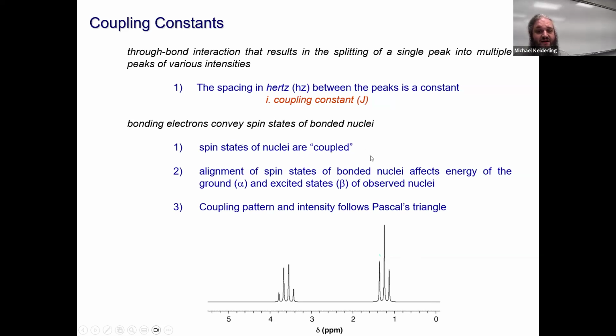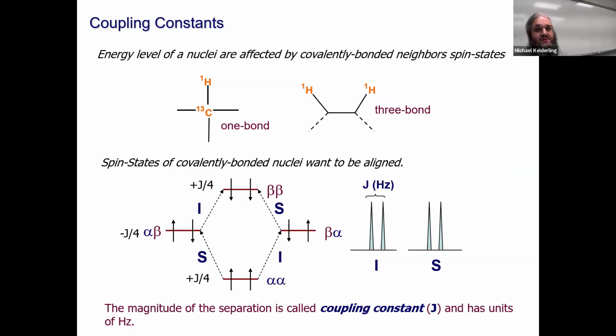Spin states of nuclei are coupled if they're near each other, and the alignment of spin states of bonded nuclei affects the energy and excited states of observed nuclei. And so you get a coupling pattern and an intensity that follows Pascal's triangle. So by looking at how things split, you can tell what kind of bonds they are around.